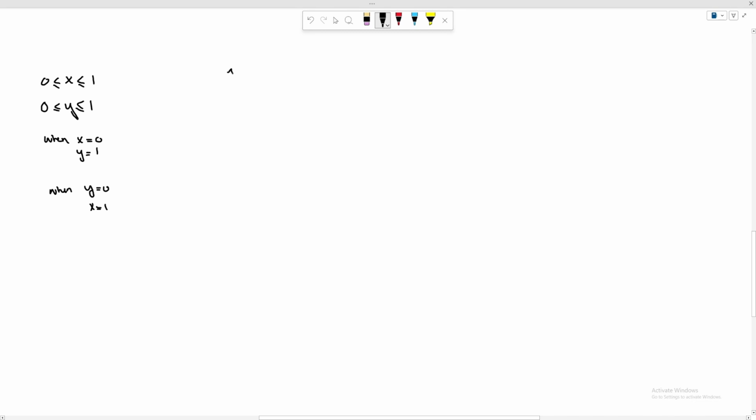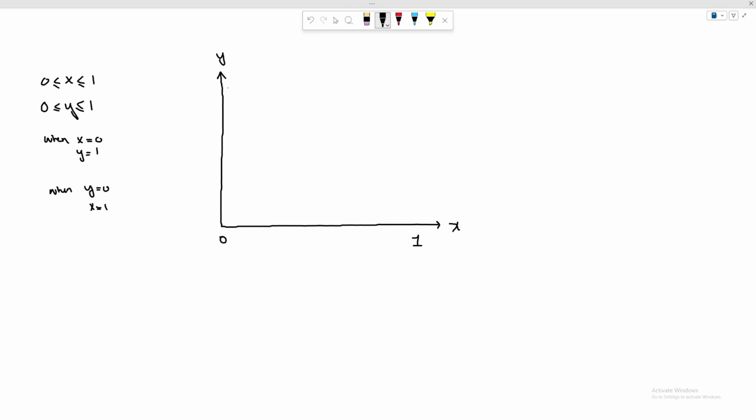And so since both our y and x are from 0 to 1, we only have to make a graph from those two numbers. So mind my jaggly lines, right? Assuming this is 0 and this is 1. This is our x, of course, and this is our y, and assuming this is 1 as well.